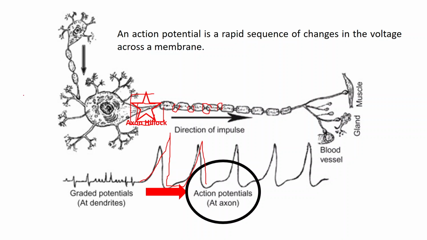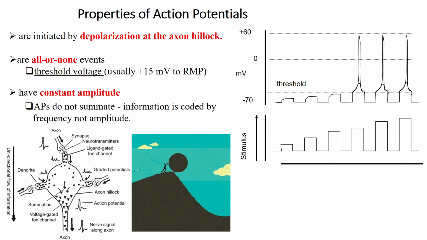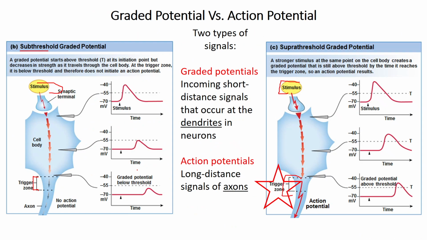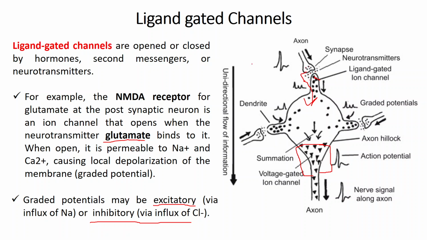So the bottom line is when the graded potential is generated, let's take sodium as an example. When glutamate is bound to the NMDA receptor in the dendrite here, so here we have the ligand-gated ion channels. Let's say these are the NMDA receptors, right?